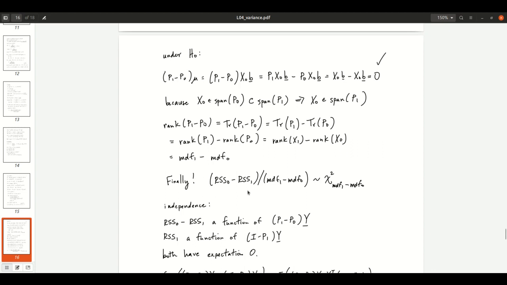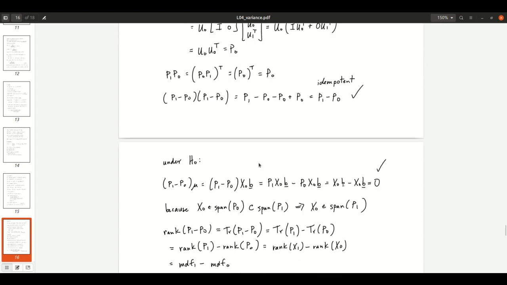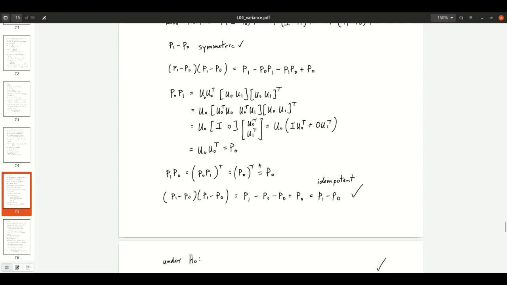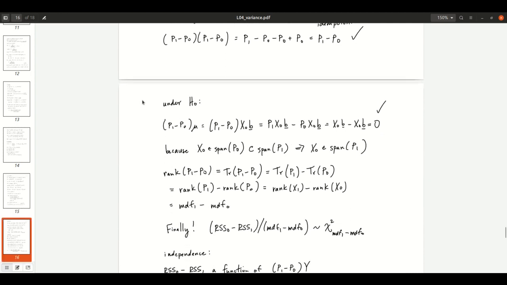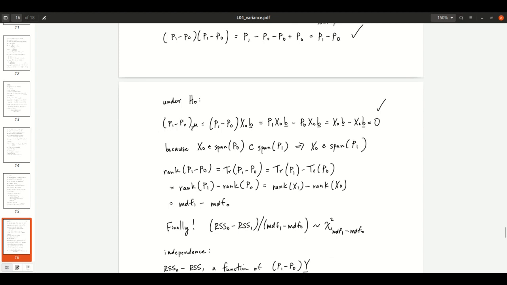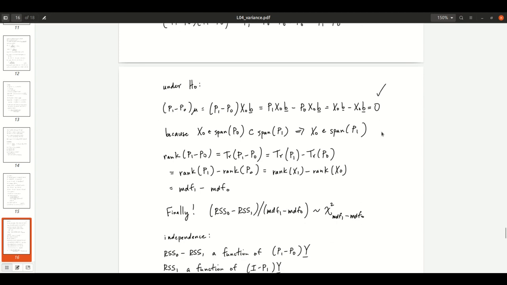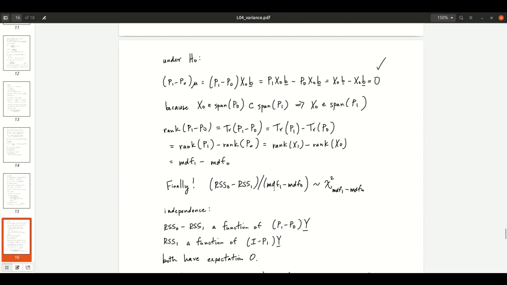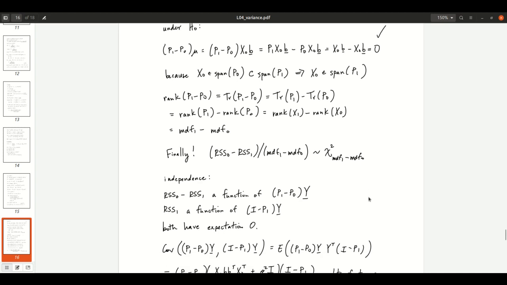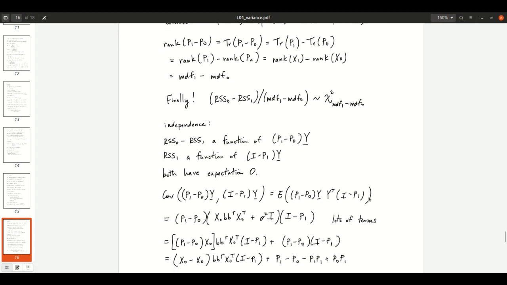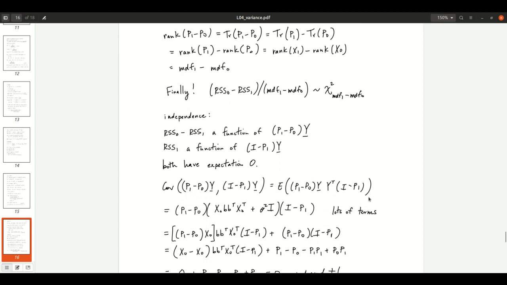And we verified that matrix P1 minus P0 is symmetric, idempotent, and when you multiply it by the mean vector, you get 0. And therefore, if you divide this by its rank, you get a chi-square distribution with this number of degrees of freedom. Okay, the last thing we need to check is that the numerator and the denominator are independent.